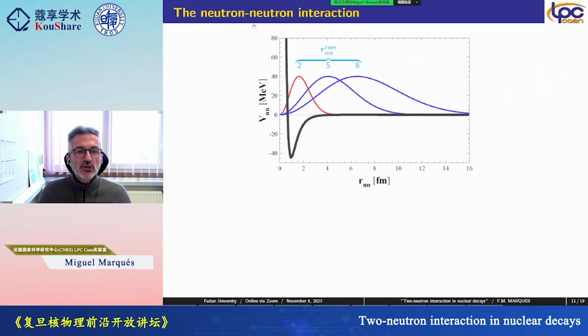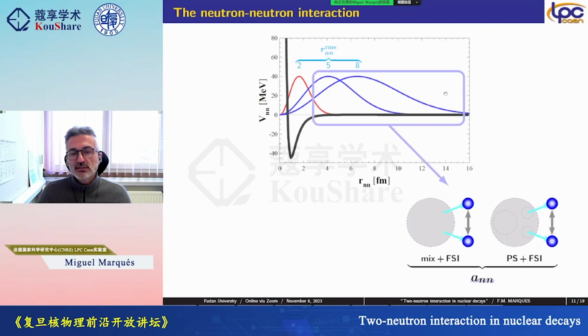Since today we are talking about the neutron-neutron interaction, this is the neutron-neutron interaction, a typical one, as a function of the neutron-neutron distance. So you see the range, it's about 2 fermis. About the neutron-neutron distributions that we extracted at GANIL, when you have big neutron-neutron size, these are Gaussian distributions, you see that most of the distribution lies outside the interaction.